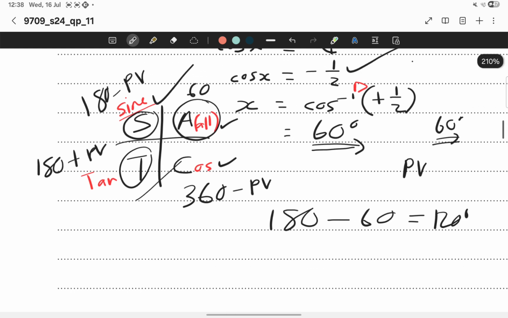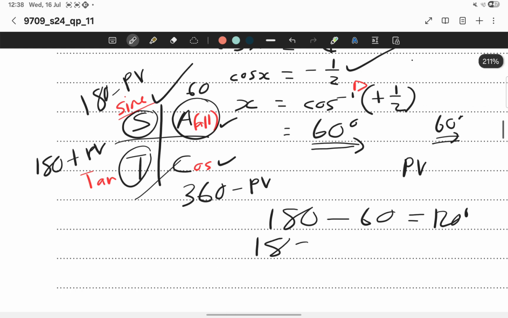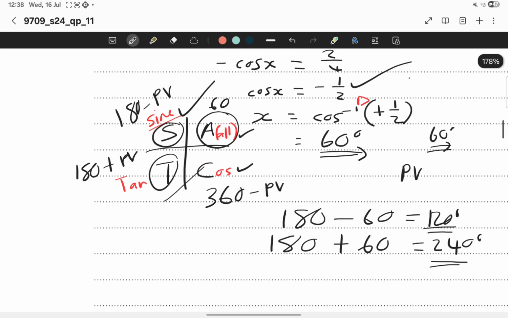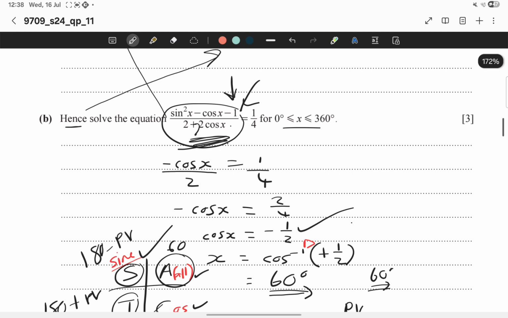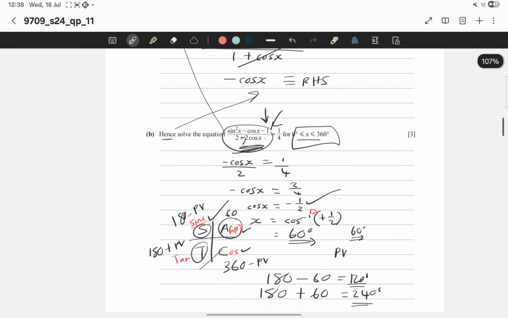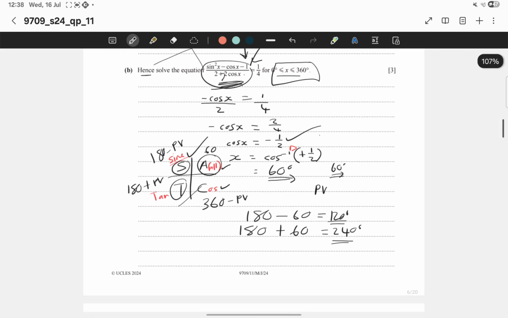That's our first answer. Then the second is 180 plus 60 degrees to get 240. Then we look to see if our answers fall into this range, and they do fall in the range, so that means we're taking both of them. That's how we do it, right?